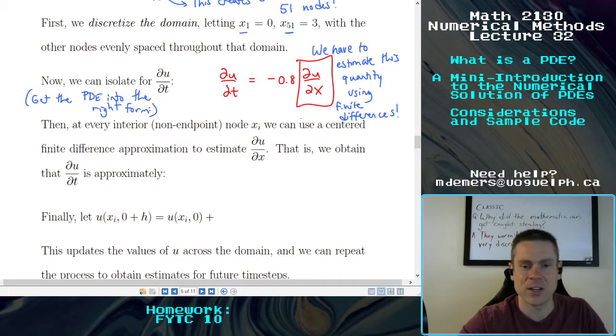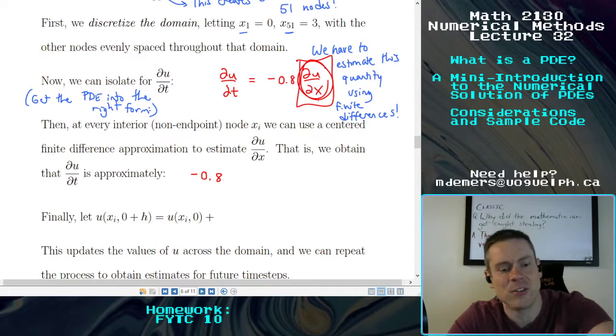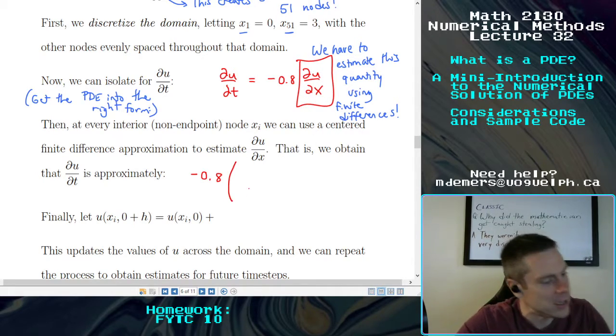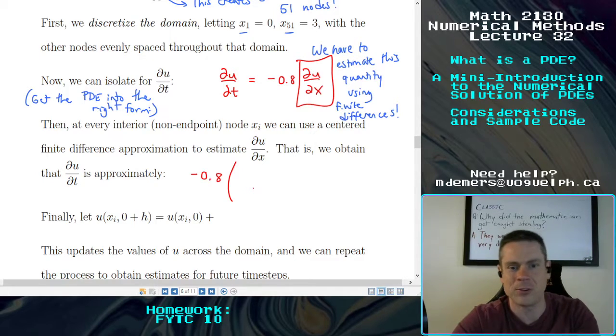So get ready for this. It's going to be pretty ugly here. But du/dt is going to be approximately minus 0.8 times, and then I need to change du/dx into some sort of finite difference approximation. And that's going to be, well, I wrote it down here so that I didn't screw it up, because there's a lot of indexes and stuff like that.